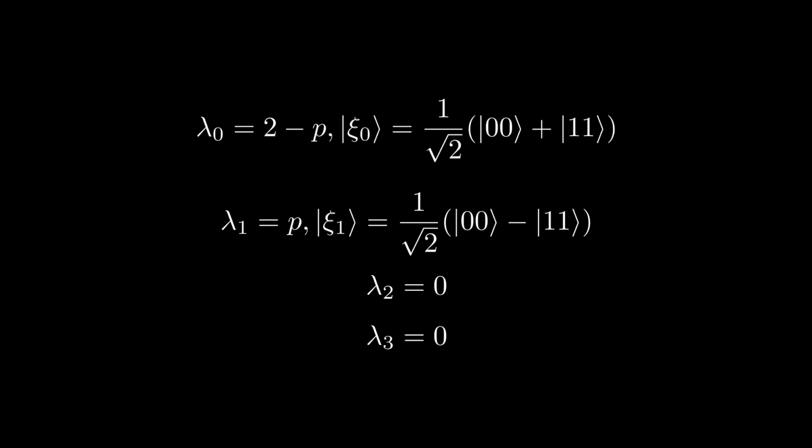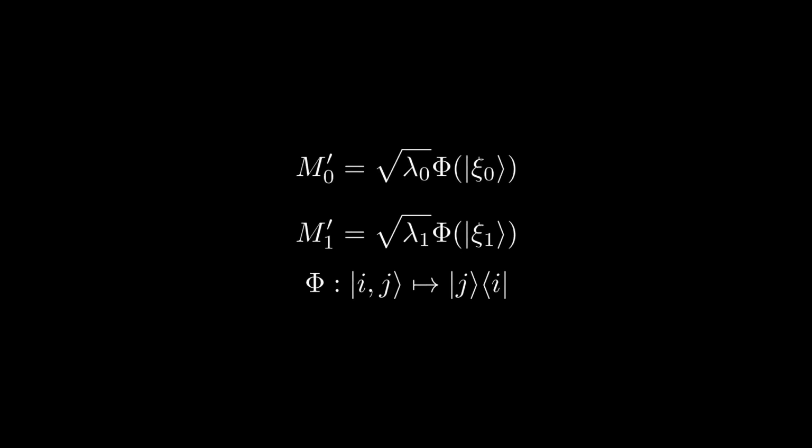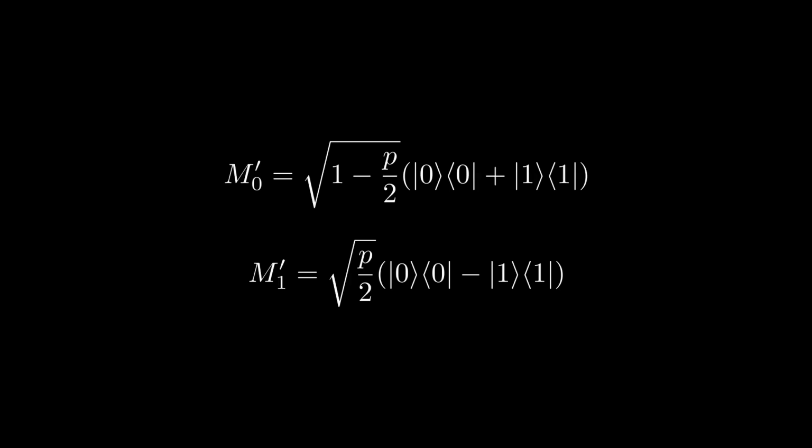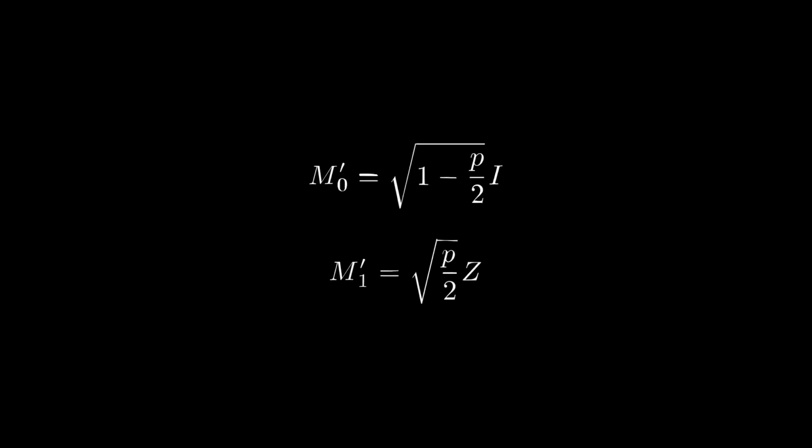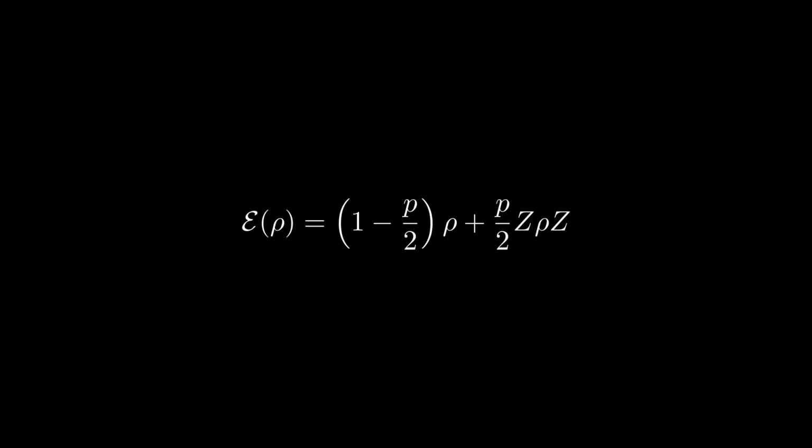Applying this reshaping operation phi onto the square root of the eigenvalues times the unit eigenvectors, we can recover the following Kraus operators. Consequently, you can see that this channel is actually equivalent to a polychannel, where we perform a Z operation with probability p over 2 and do nothing otherwise.